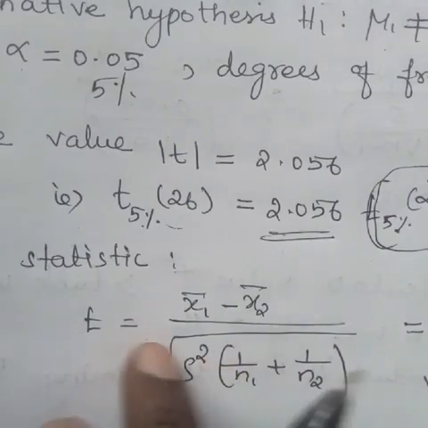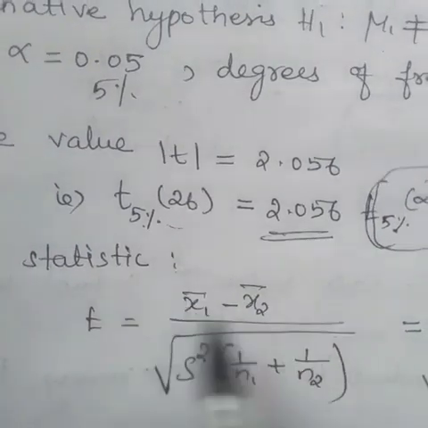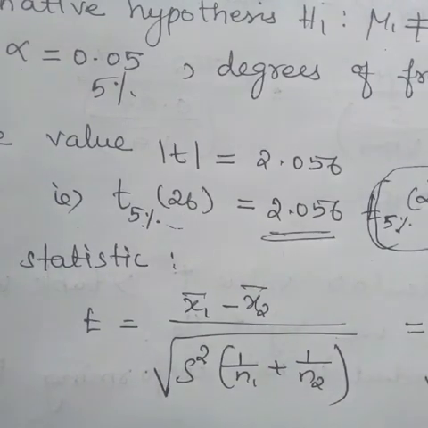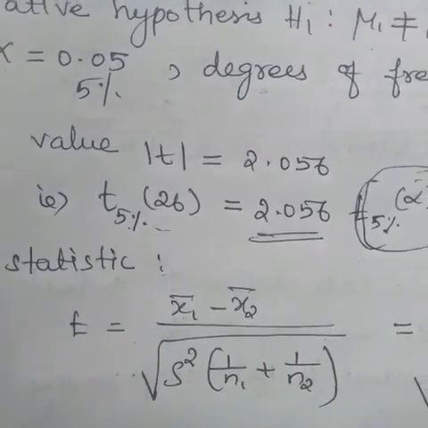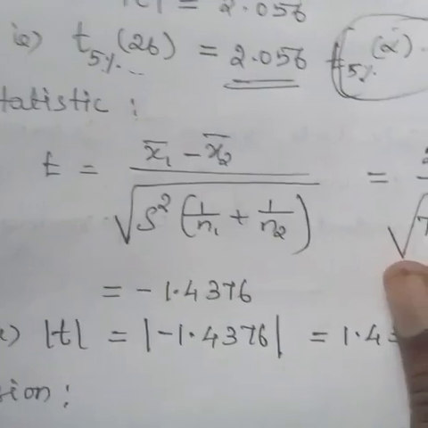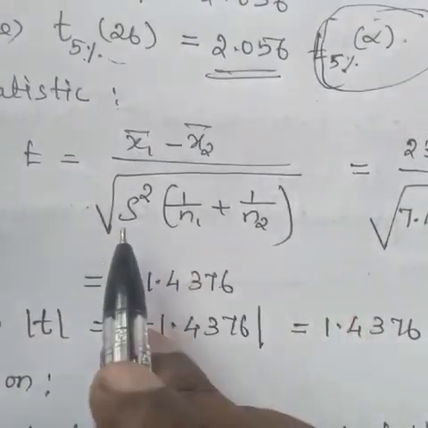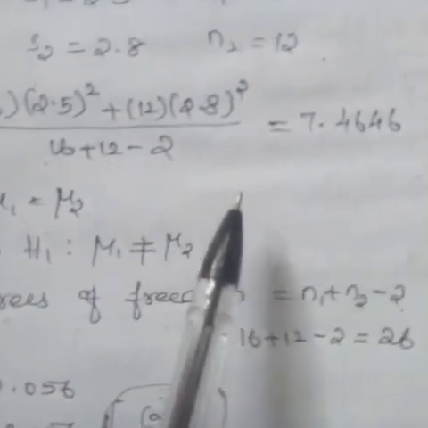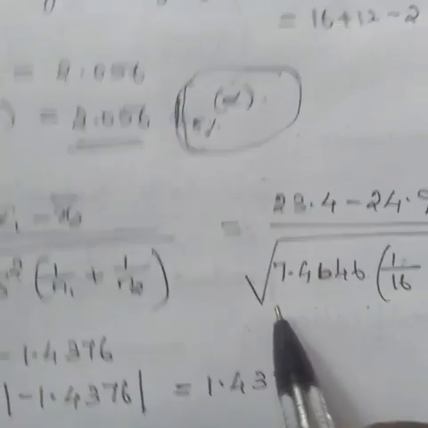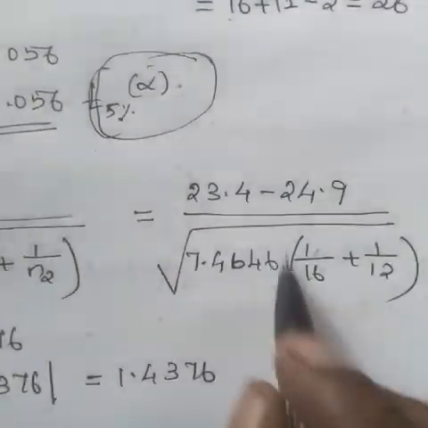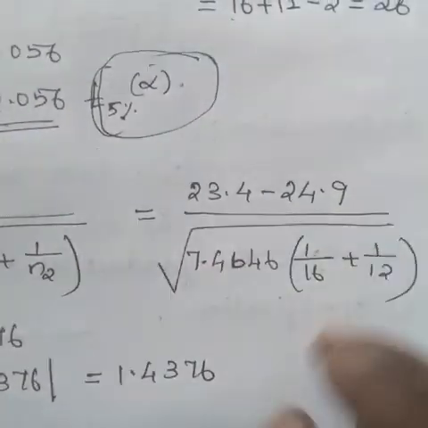The x1 bar and x2 bar values are given in the question itself. So x1 bar is 23.4 minus x2 bar 24.9, the whole divided by square root of s square. S square we have already found, 7.4646. Now substitute the root of s square into 1 by n1 plus 1 by n2. Now the calculation part.